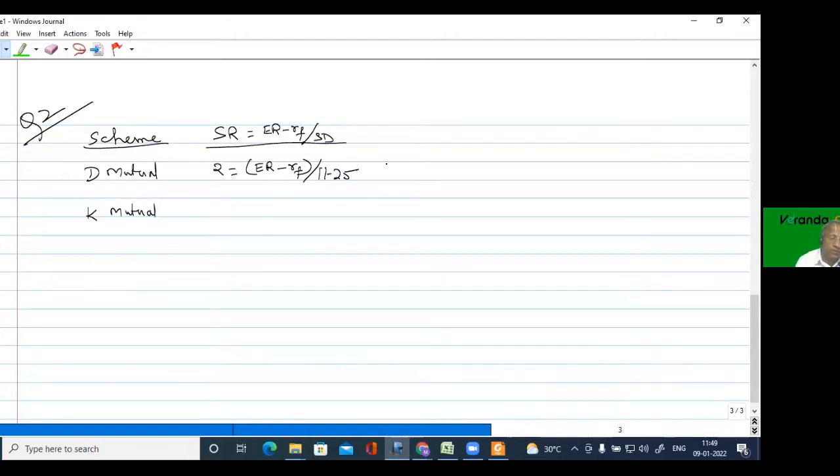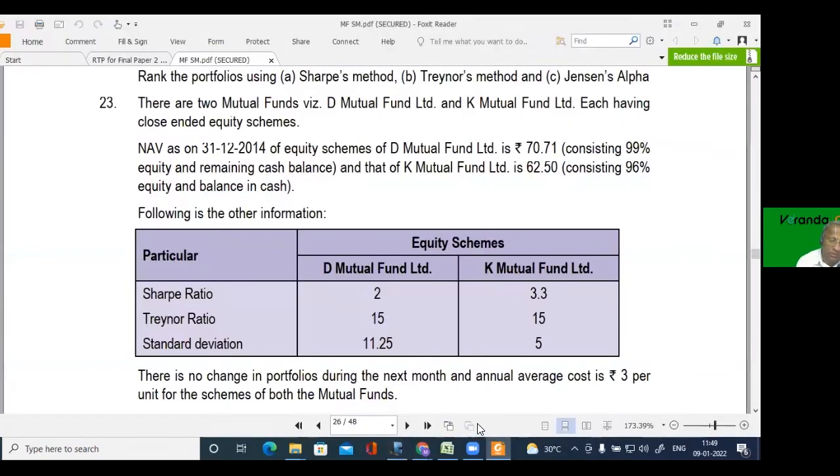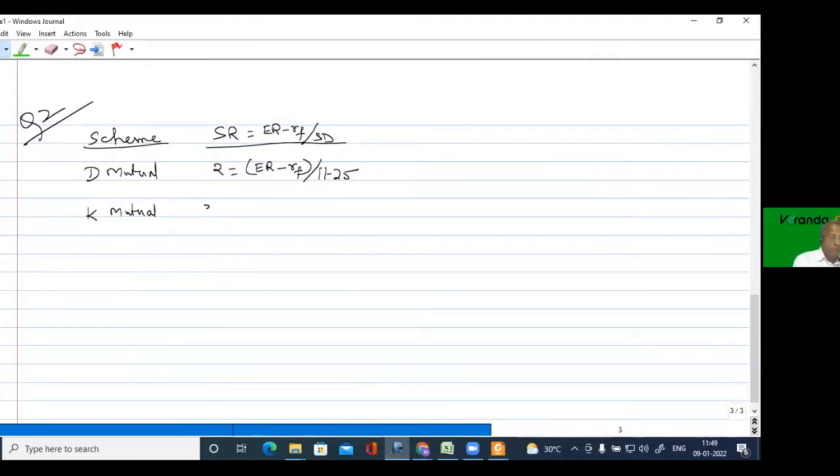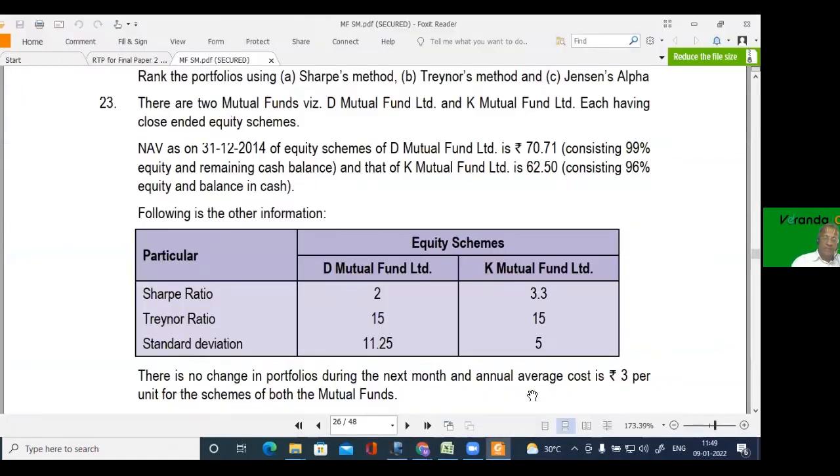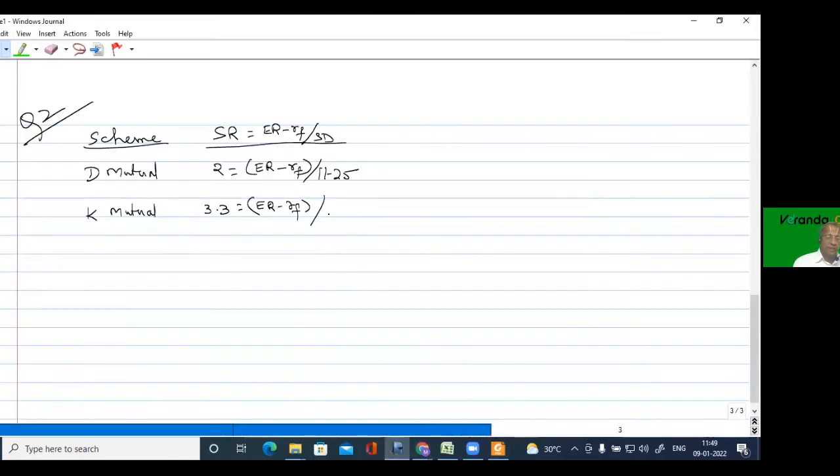So for the other one, for K mutual fund, 3.3. 3.3 is equal to the expected return minus risk-free return divided by 5. So excess return we can arrive at, which is nothing but the expected return minus risk-free return.